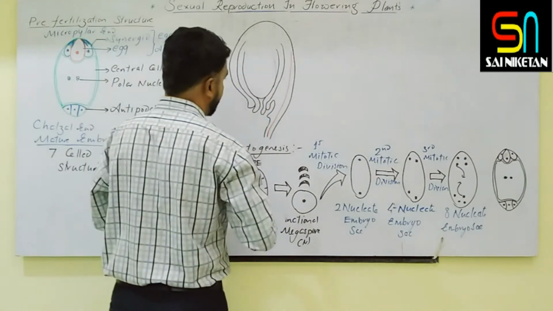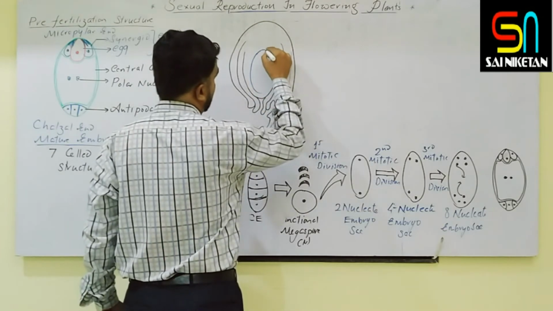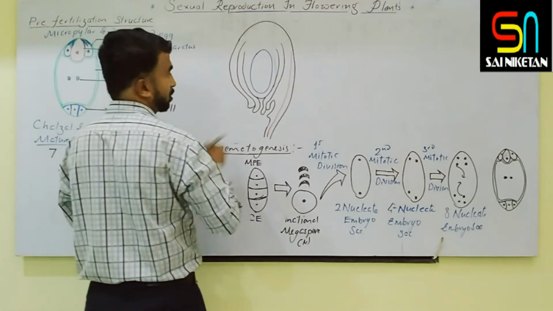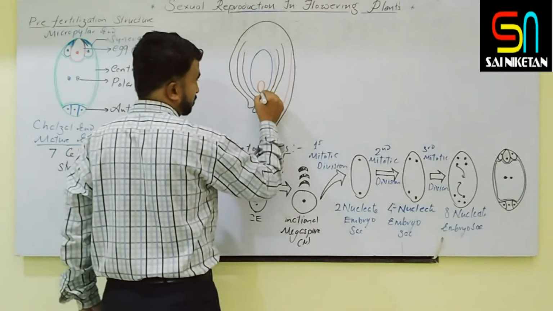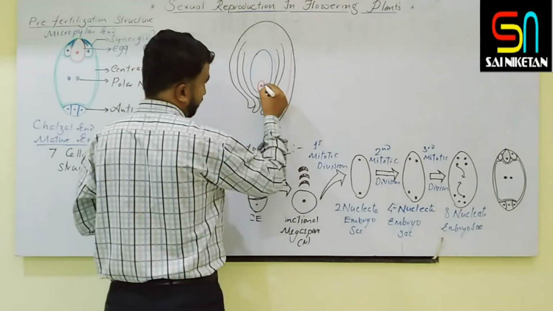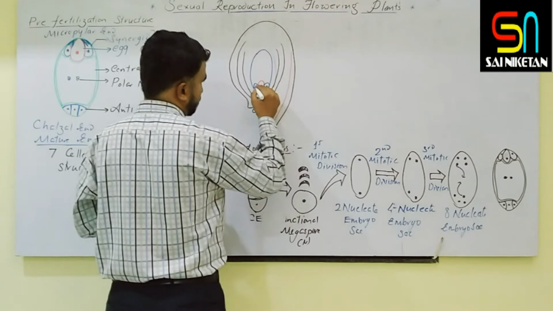Clear? If you fit the embryo sac in this ovule, then the figure will be like this. The 3 cells which are present toward the micropylar end, in which 1 egg cell and 2 synergids are there. These are the synergids.